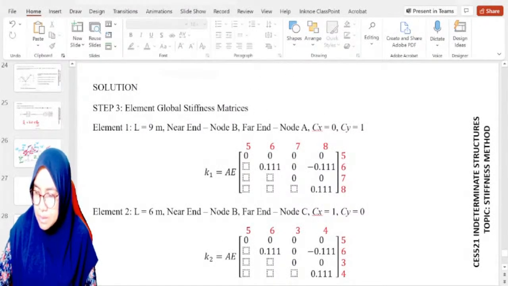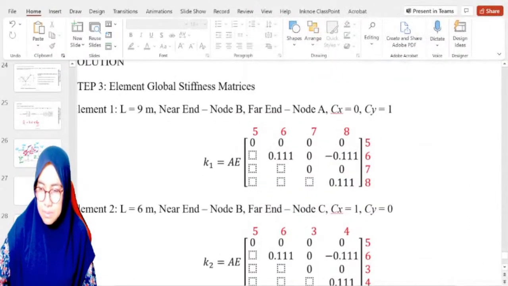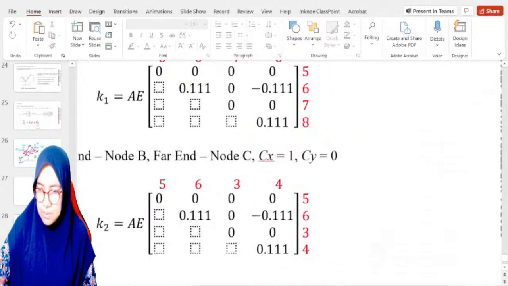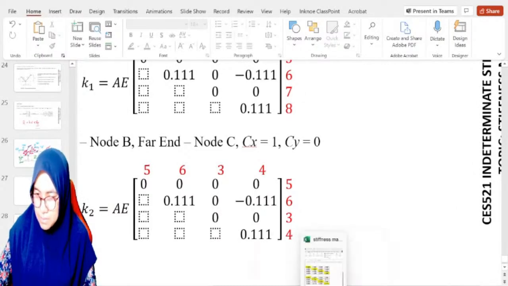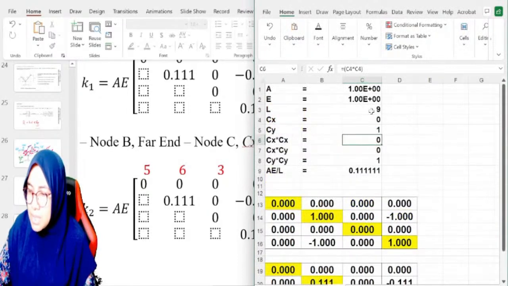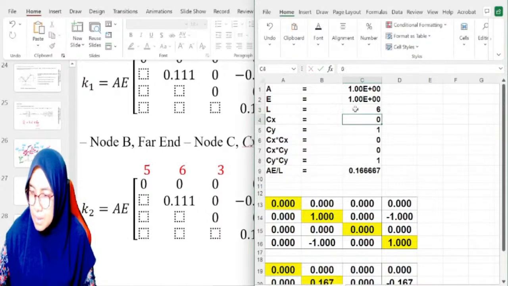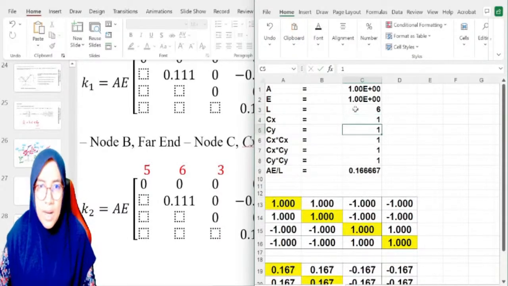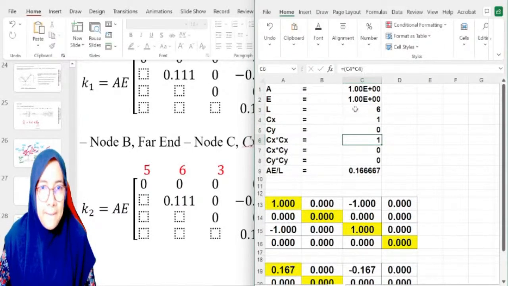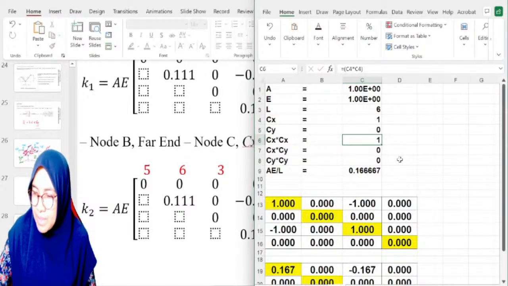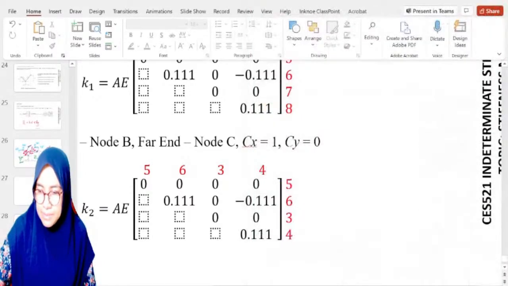Okay, doesn't matter. I put it like this. It is 6 meter length. Cx is 1, Cy is 0. And we will get it like this.